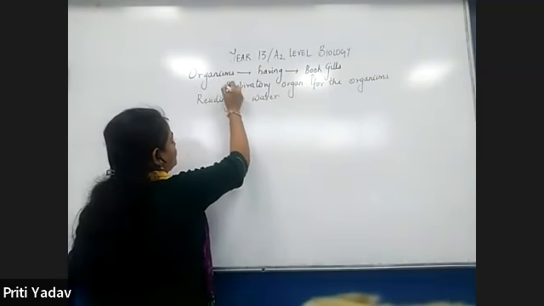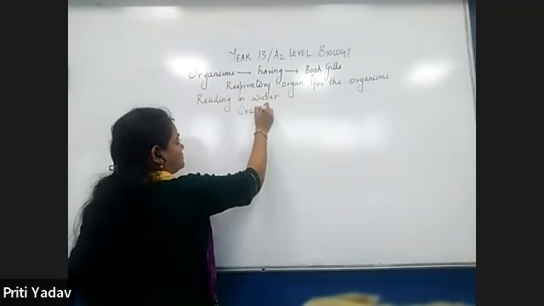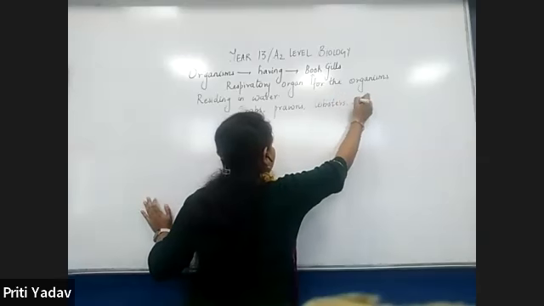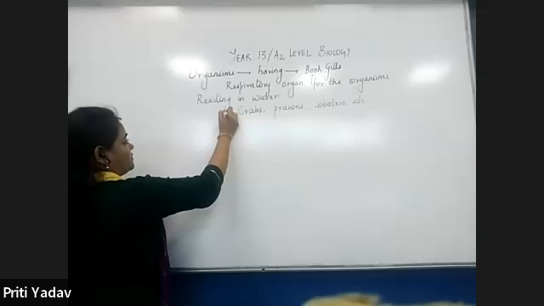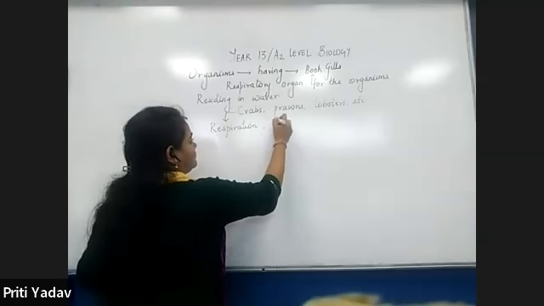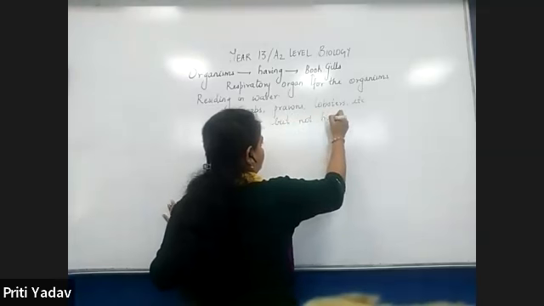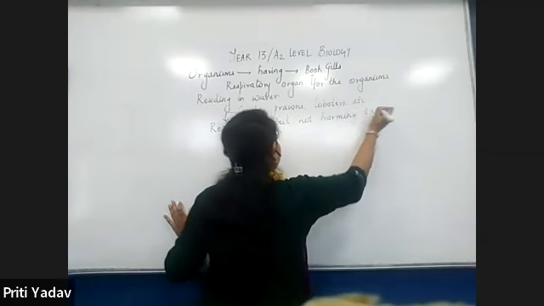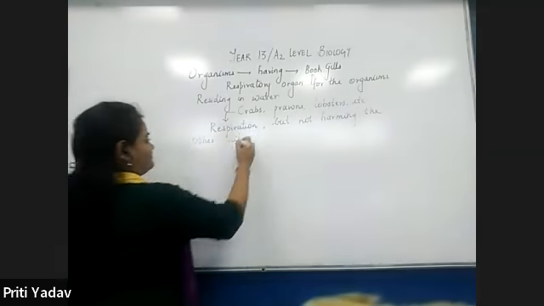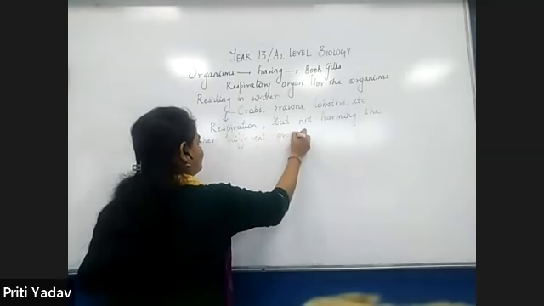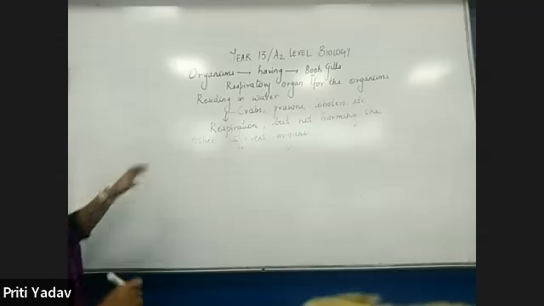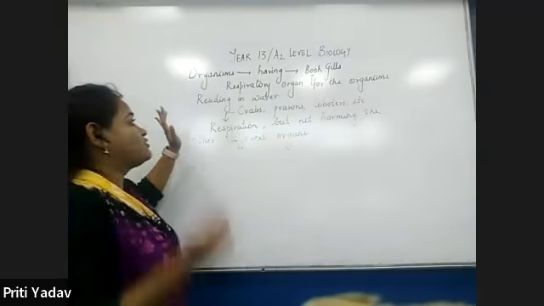To be more specific, this organ is found in crabs, prawns, lobsters, so that they can perform respiration, but not harming the other different organs.